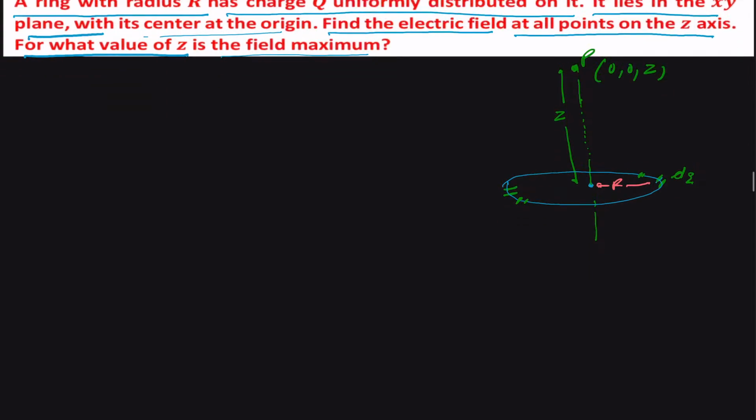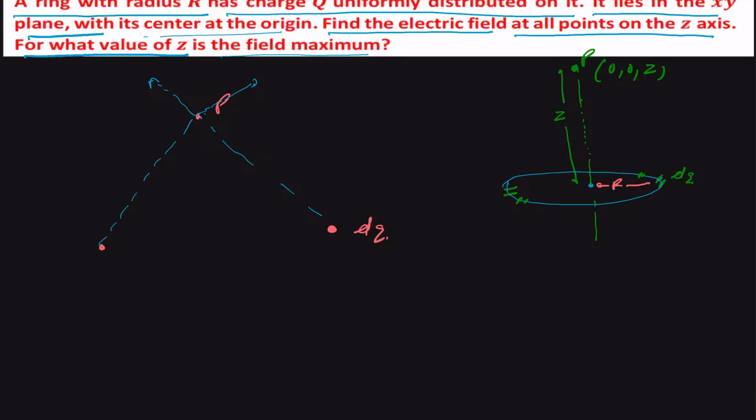The reason is quite simple. So this is our point P, and we have taken a charge element dq. Because of this charge element, it is going to have an electric field in this direction. The symmetric point is somewhere here, and it is also going to have an electric field in this direction.